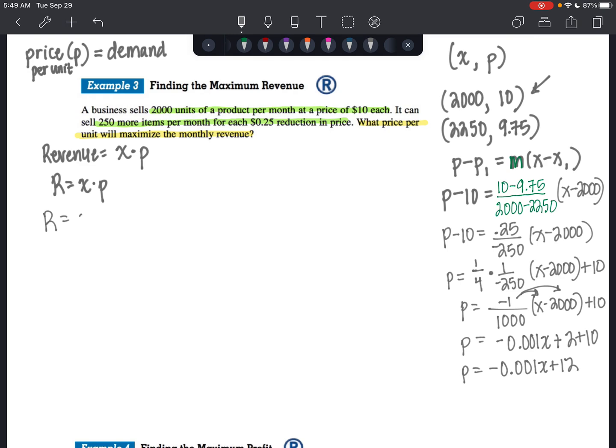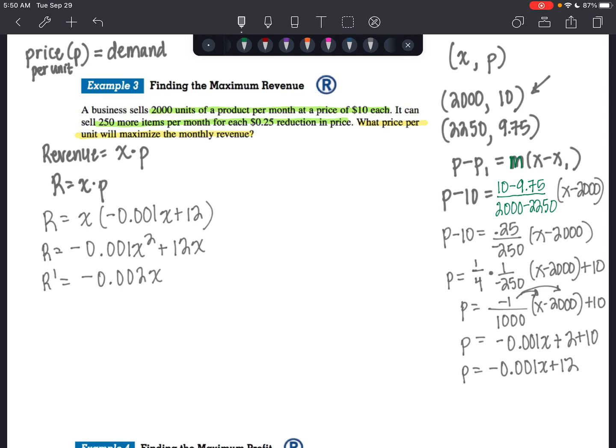So our revenue function is x times negative 0.001x plus 12. I can distribute this and I can move forward with finding my first derivative using the simple power rule, which is exactly what I'm going to do. So my first derivative is equal to negative 0.002x plus 12.